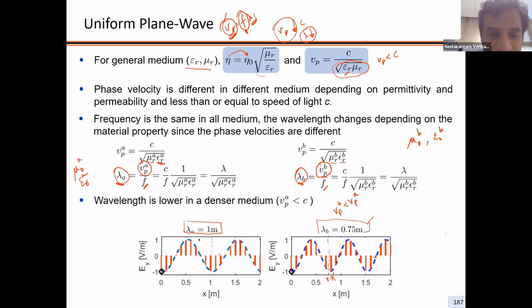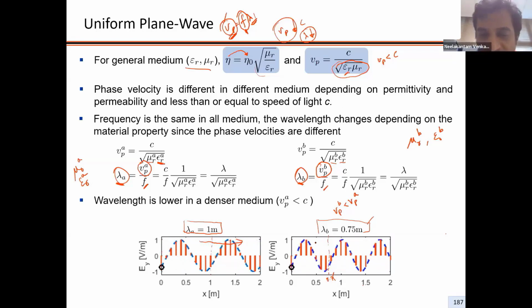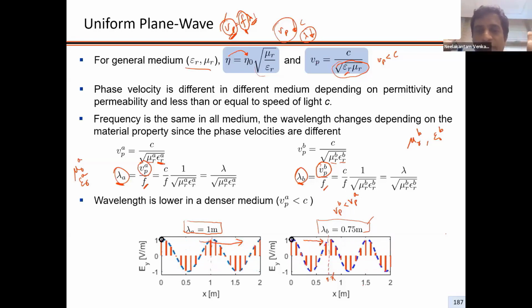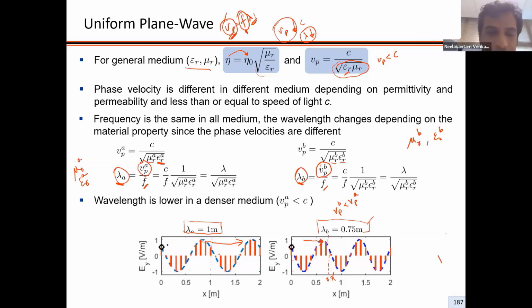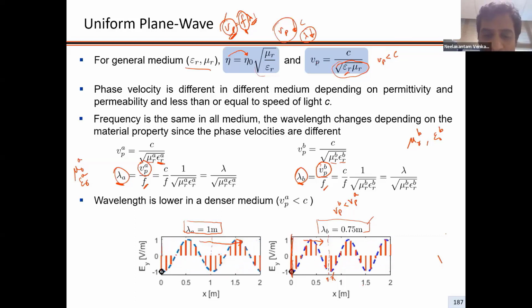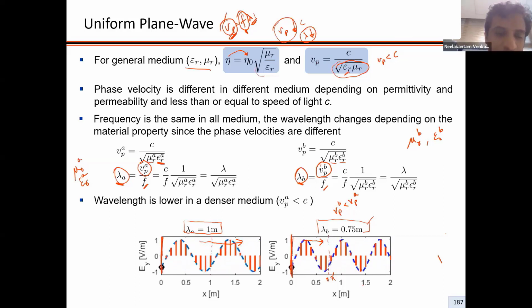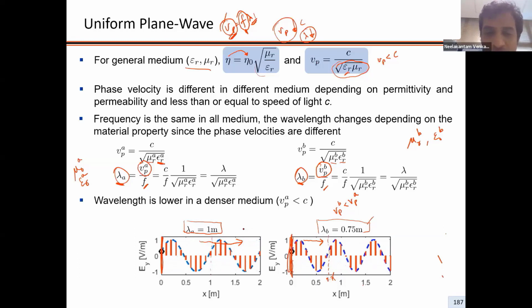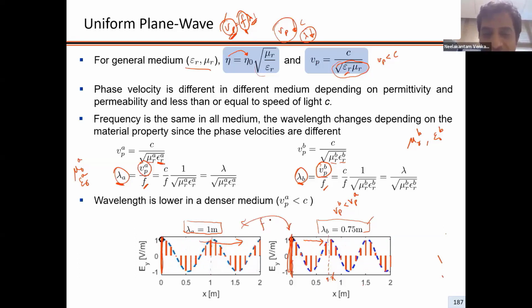You see that this one is traveling faster than this one. This one is traveling slower because the wavelength is smaller. But notice that the black circles here go up and down at the same frequency. That's why in both cases, f is the same. The frequency is the same.